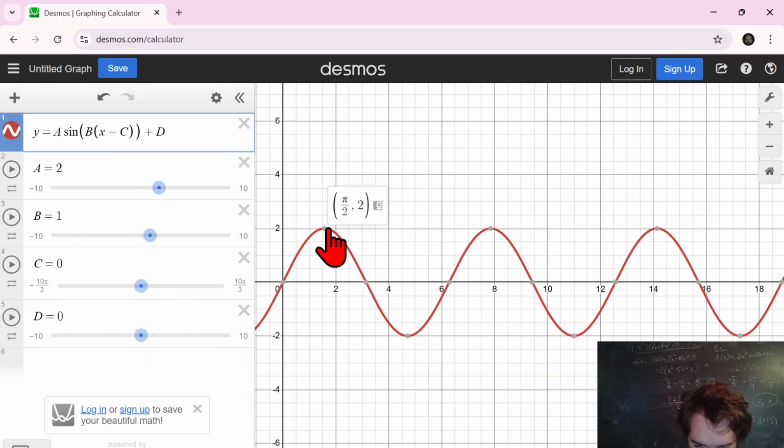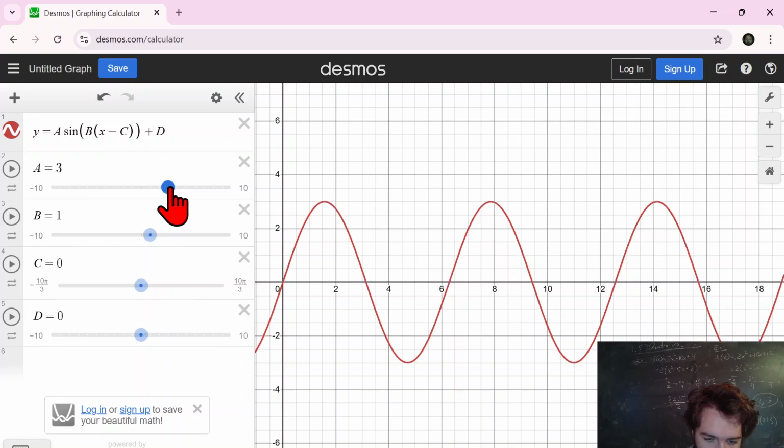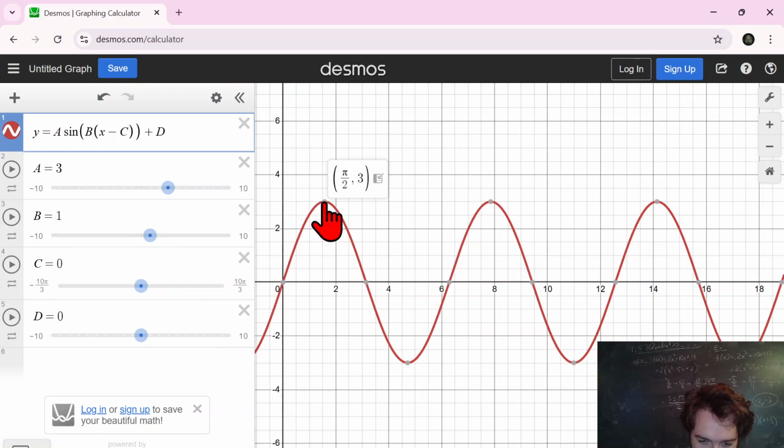When we have a circle with radius 3, all I have to do is drag this a up, and you can see that I've put it at 3, and so now this is a circle with radius 3, so the maximum value sine will go to is 3 when we are at pi over 2 or 90 degrees. So after 90 degrees, we rotate back down to 180.